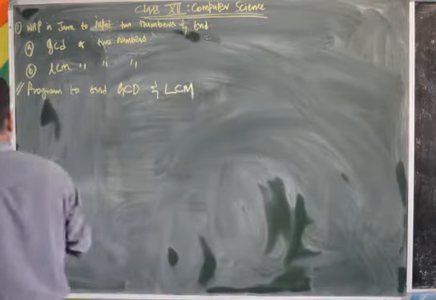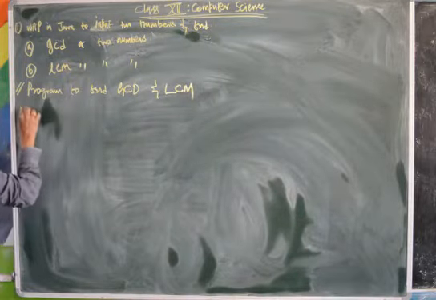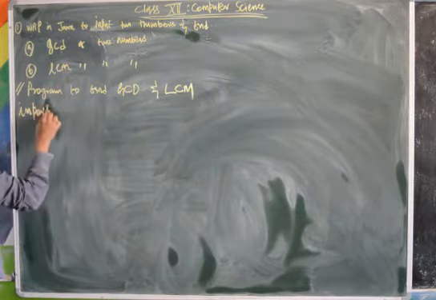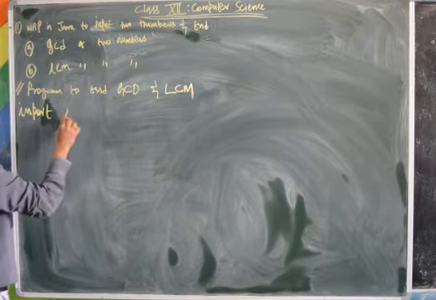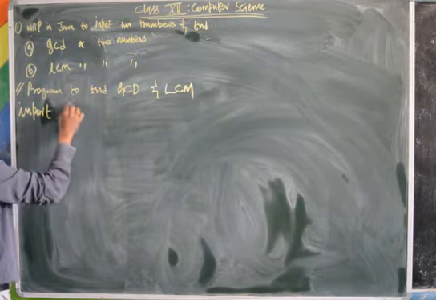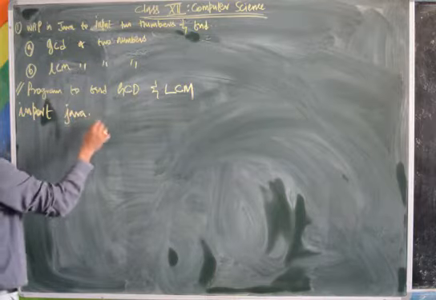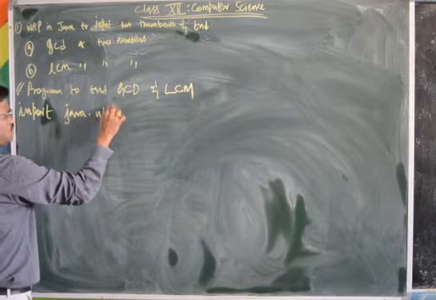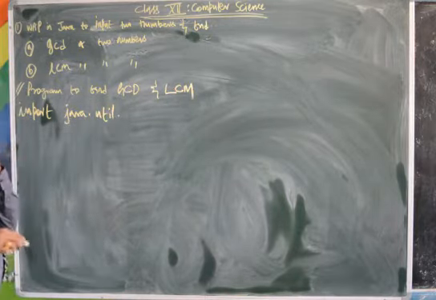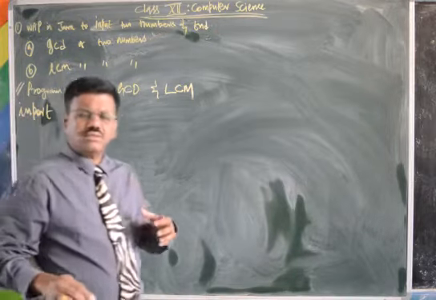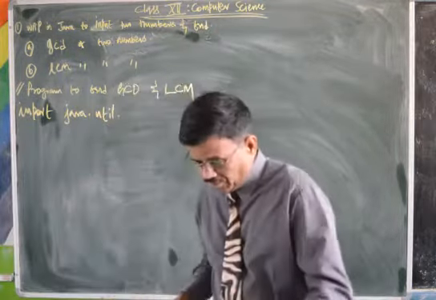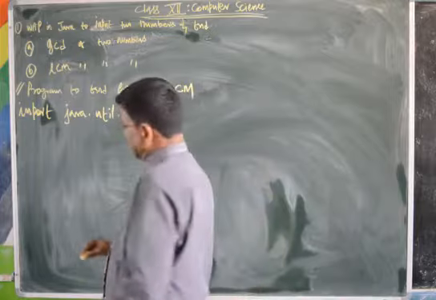Now, the next one is the input statement. As all of you must be aware, I am going to import java.util.Scanner. When you say Scanner, you are going to import only the Scanner class.